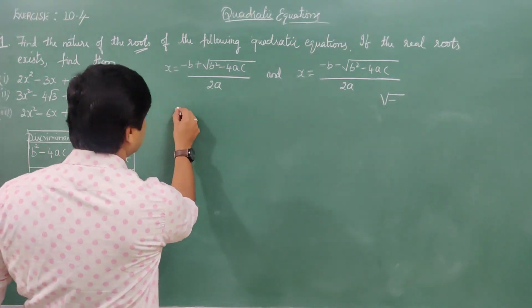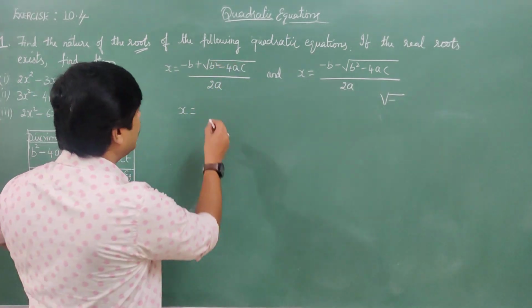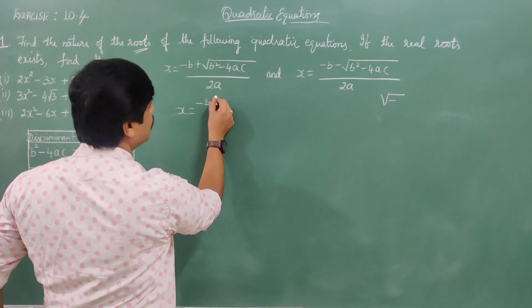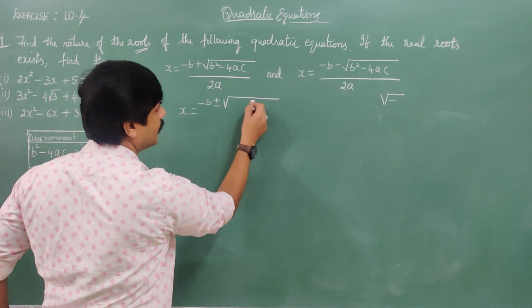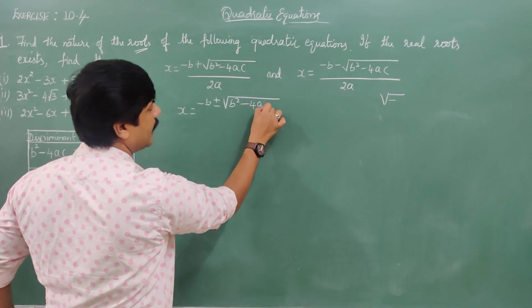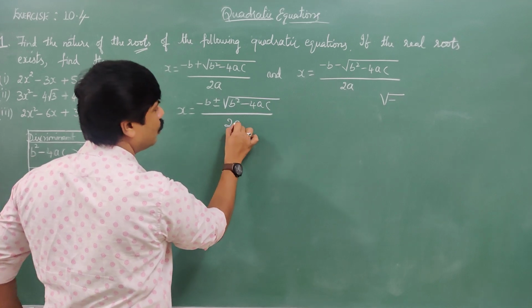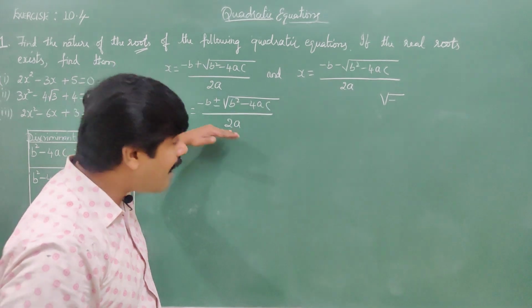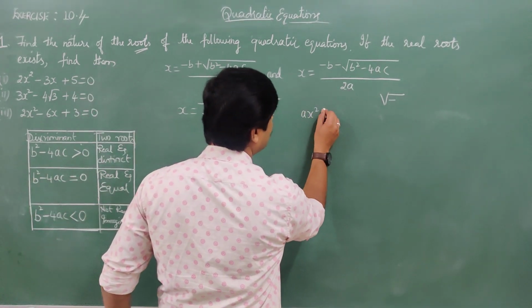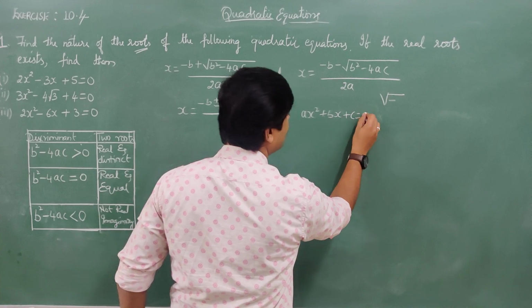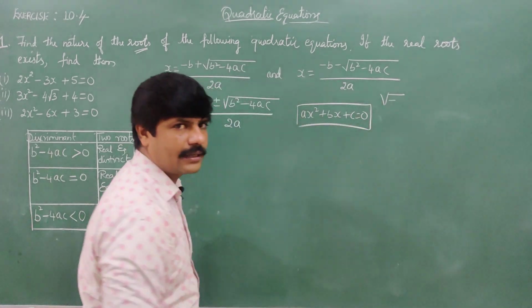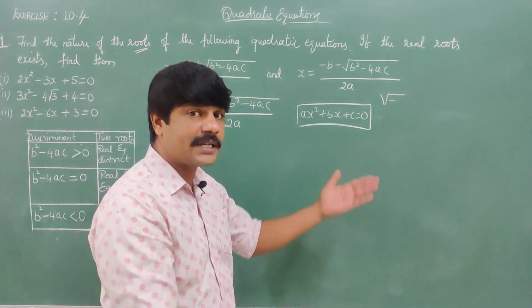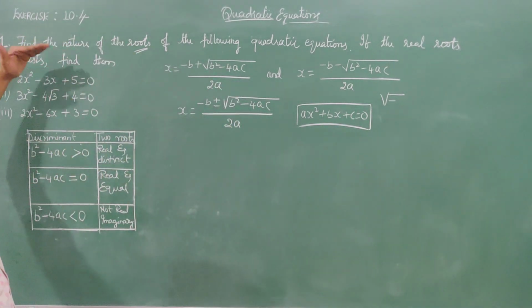Or both can be written in one equation: x equals minus b, plus or minus, square root of b square minus 4ac, by 2a. So this gives the roots of the quadratic equation ax square plus bx plus c equals 0. Understand? The value of x, whatever you get from this, 1, 2, 3, 4, 5 or fraction, decimal, whatever, becomes the root of this particular quadratic equation.